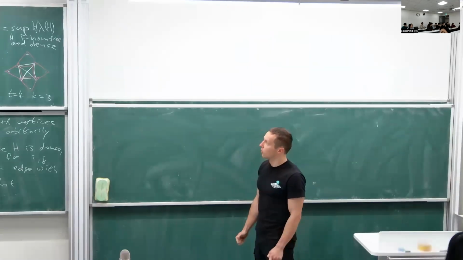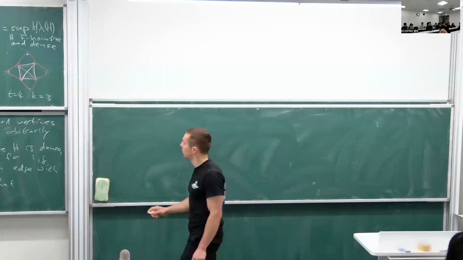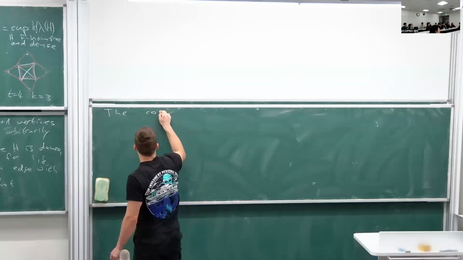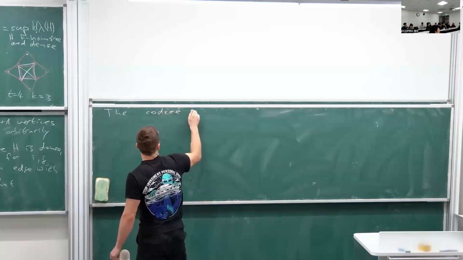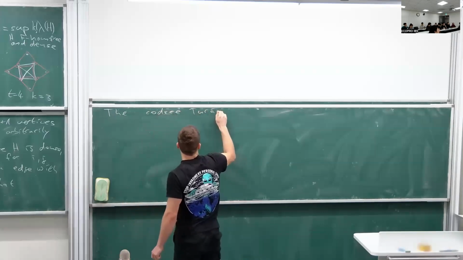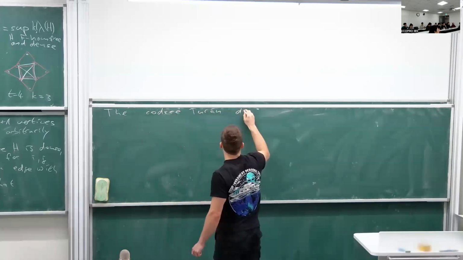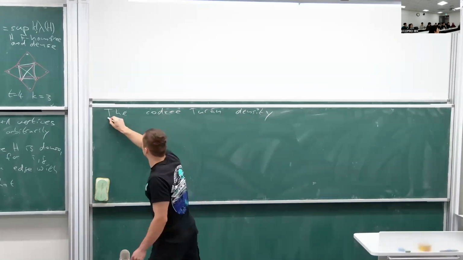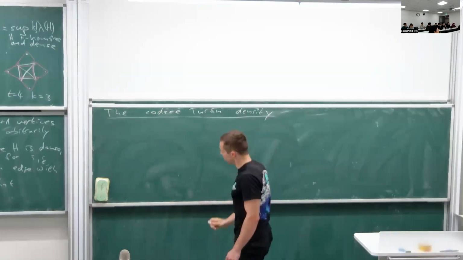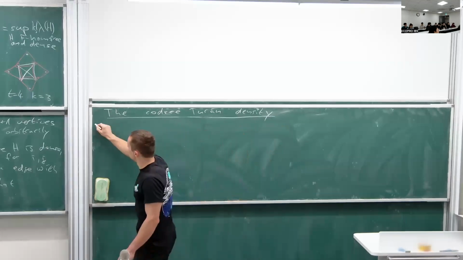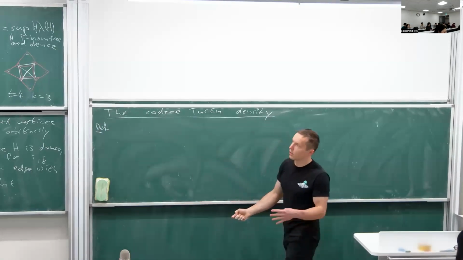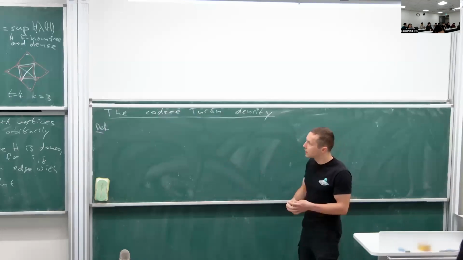Now we move on to the next topic, which is the codegree Turán density. Okay, so this is a variant of the hypergraph Turán density.